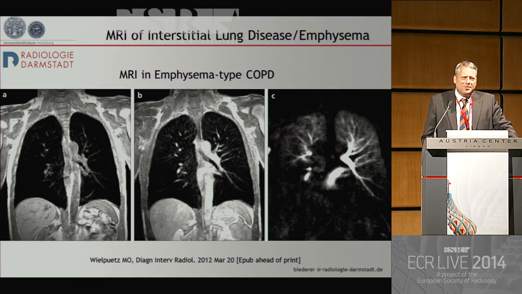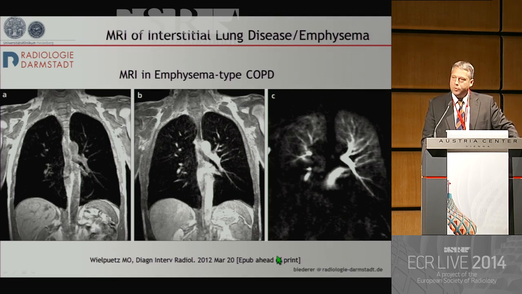Maybe you may argue, well, emphysema means loss of lung structure, and the lung is already almost black on MR. Would you be able to see emphysema? Well, not directly. We can see it indirectly by the perfusion part of the examination. Here you would say, well, this is a non-contrast enhanced and a contrast enhanced scan. Already in the contrast enhanced scan, you see that some parenchyma is missing.